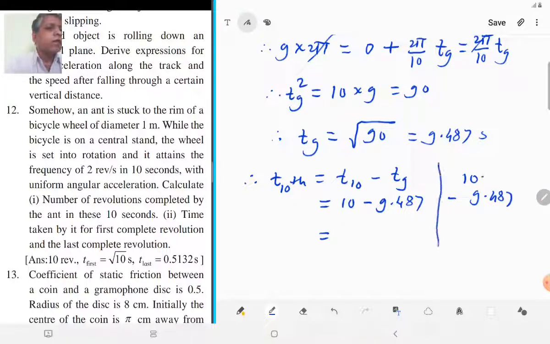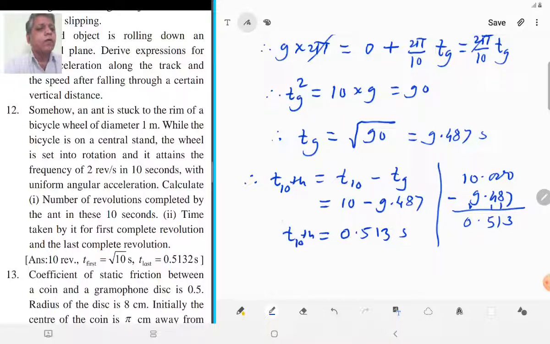If we take the difference, we get 10 minus 7 is 3, 1 character replace, 10 minus 9 is equal to 1, 1 character replace, 10 minus 5 is equal to 5, 1 character replace, and 10 minus 10 is equal to 0, that is 0.513 second. This is the time taken to complete 10th revolution, that is the third point.